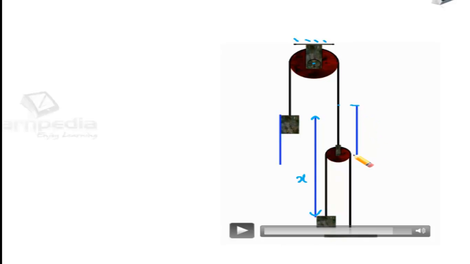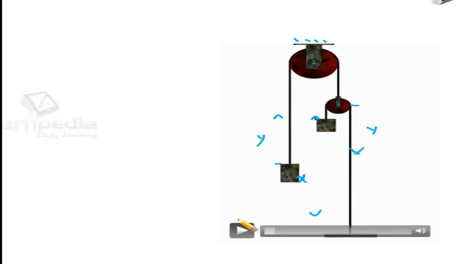The pulley has come down by Y. Whereas this body also has traveled by Y. Since this body is attached with this string, it lifts up by Y. But this mass M1 has rolled down to this particular position, traveling a distance of X. So let us now draw the free body diagram and work it out.